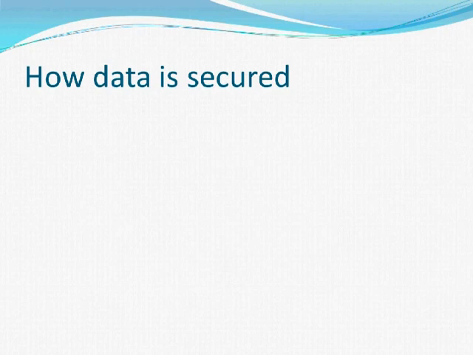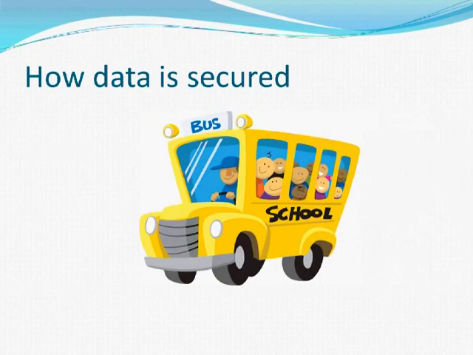So this is how data is secured going across the internet. We'll use our bus analogy again, and we've got a bus loaded down with children. Let's consider these children our information. These are the children that we want to protect and keep safe as they go across the internet. But we don't want people to see what this information is.